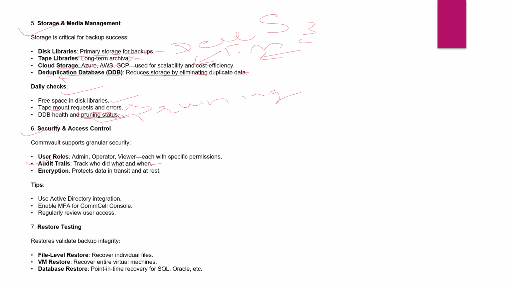This is only for the RCA, I mean, to find the RCA of any backup jobs. If anyone logs into the CommCell console and changes or updates the storage policy, you can exactly match the timing and everything from the audit trail.